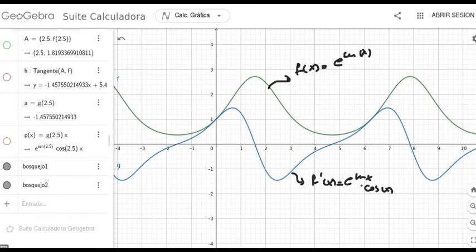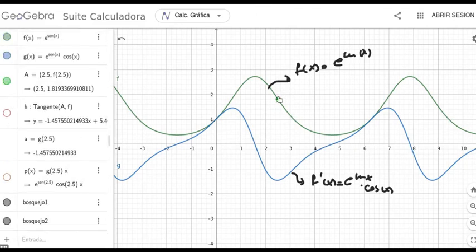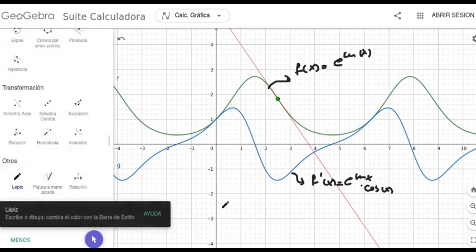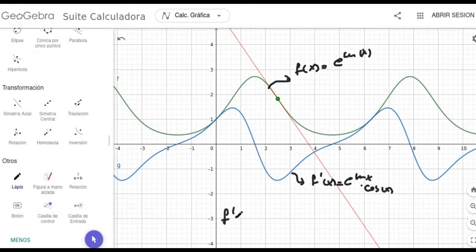So we don't really see the relation between these functions. But let's do this. Let's just take a point, this one, and draw the tangent line from this point. It's going to be something like this. So when we draw it, we get this red line, the tangent to the function through the point A. And we said that f prime of x was the limit when h tends to 0 of f of x plus h minus f of x, divided by h.